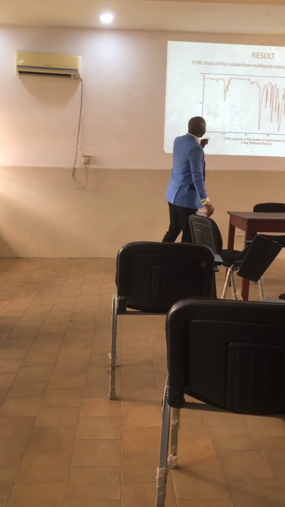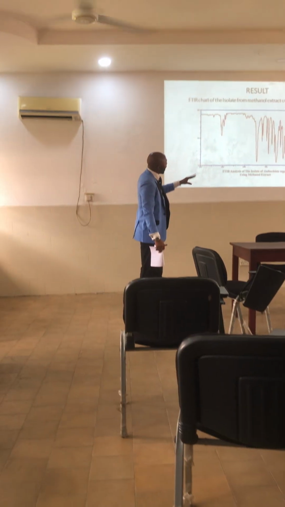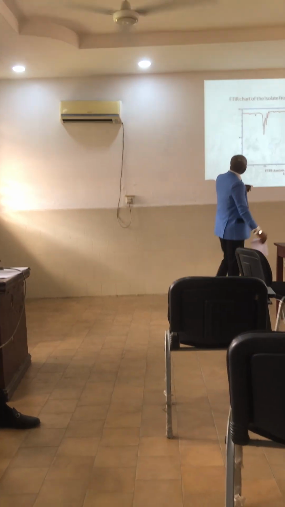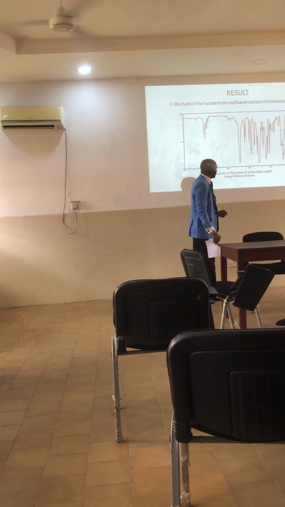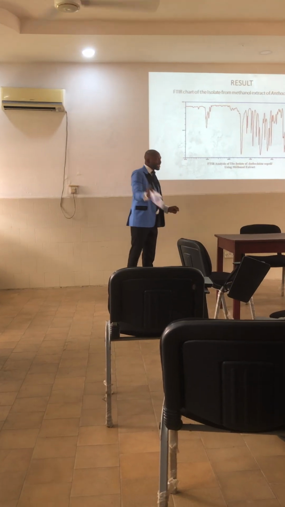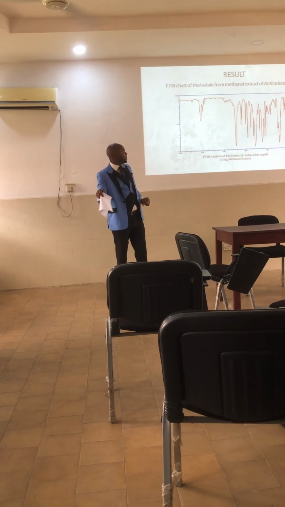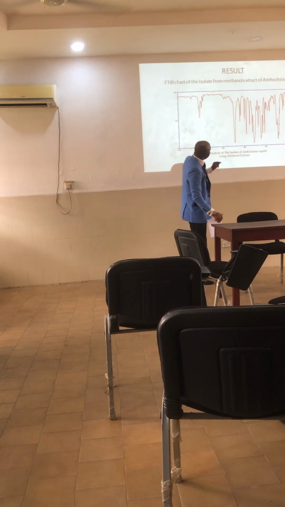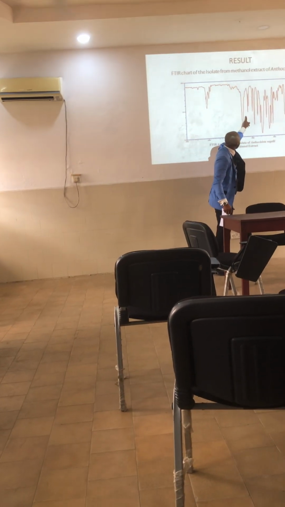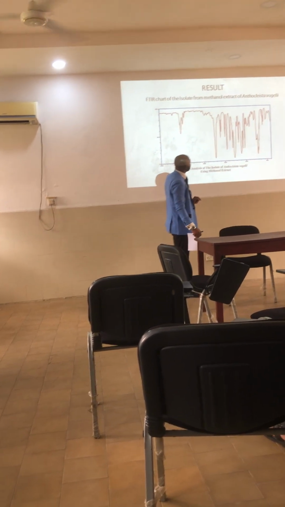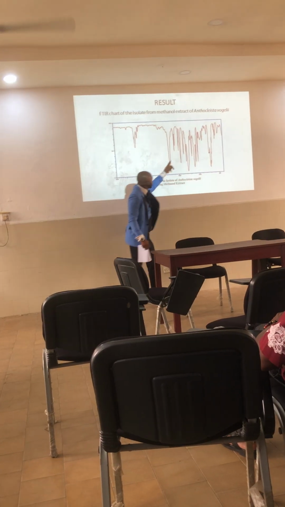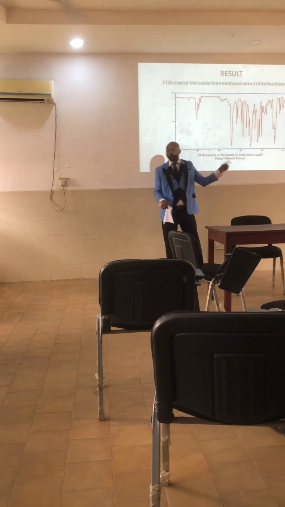In the FTIR, we have this peak around 1.7 that shows there is a carbonyl group, C=O, present. And if you come down here, around this region, this is a benzene peak. This too shows the benzene peak. We know that there is a benzene in that structure.